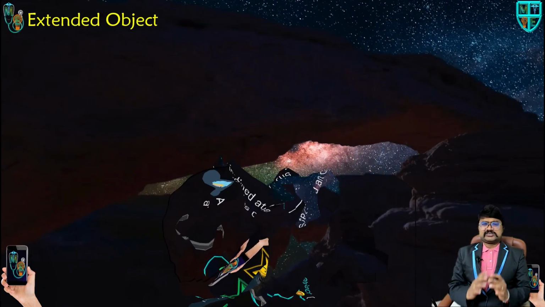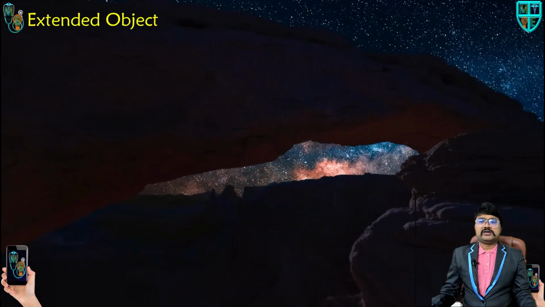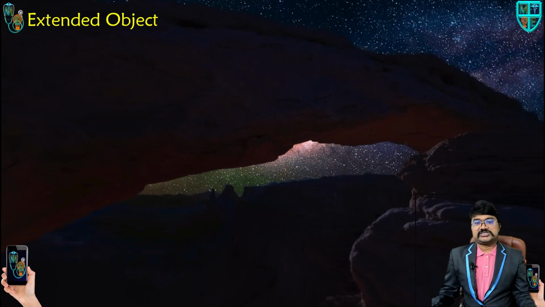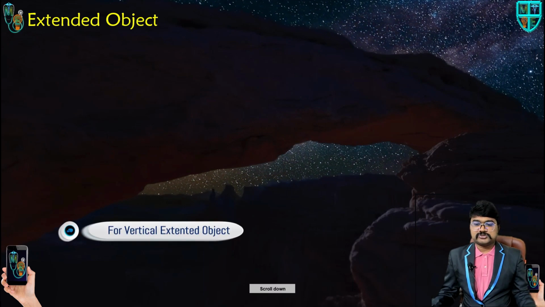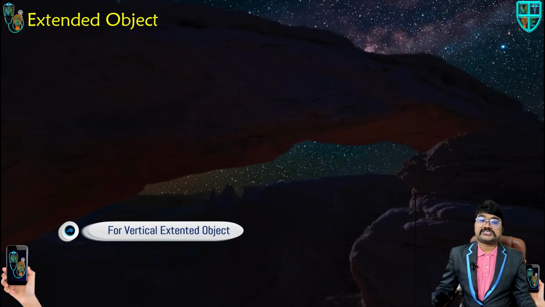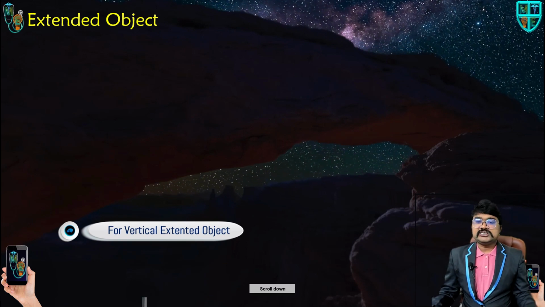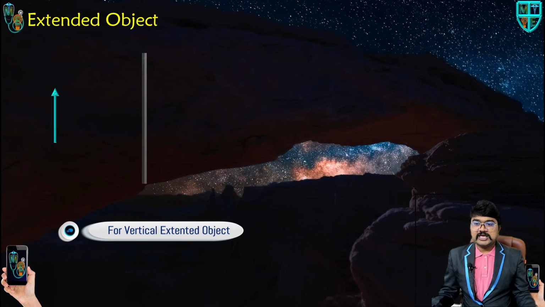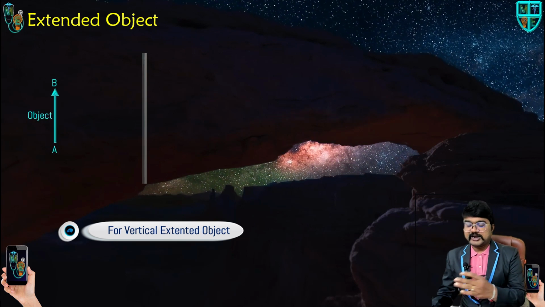Now I want to discuss an important topic, image of the extended object. Just observe for vertical extended object. See here, it's a mirror and an extended object, AB extended object.